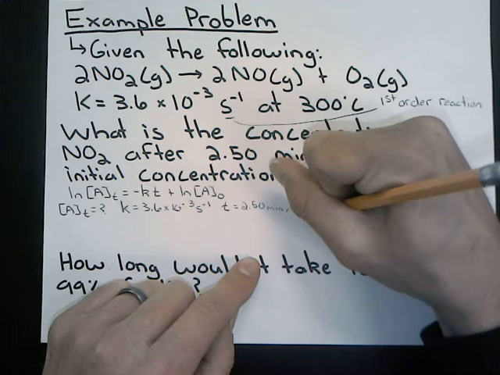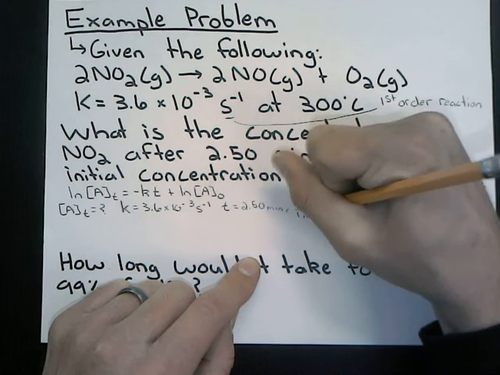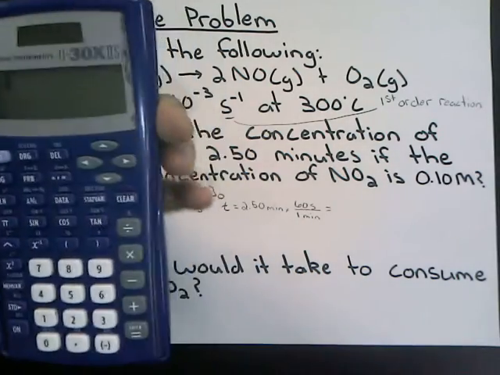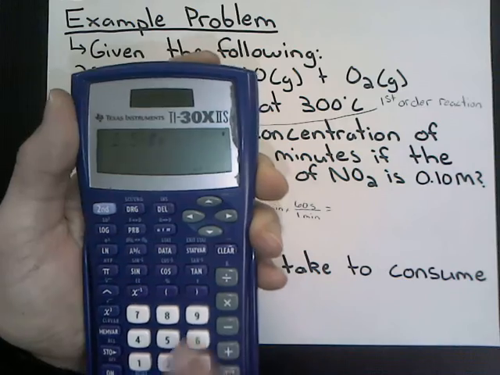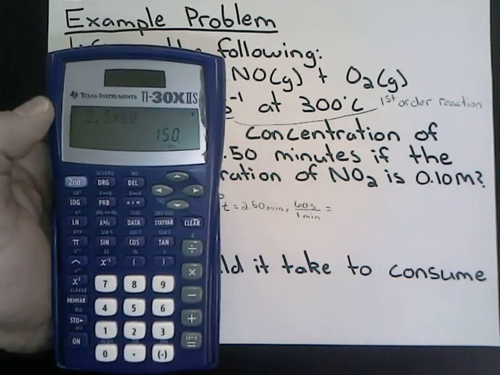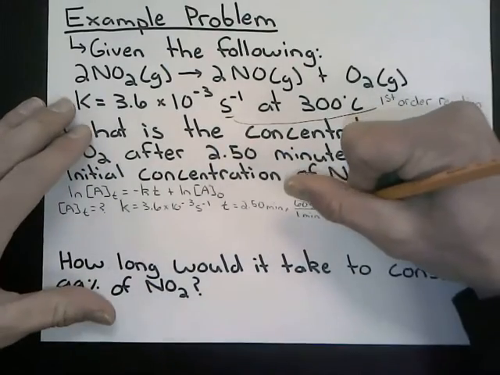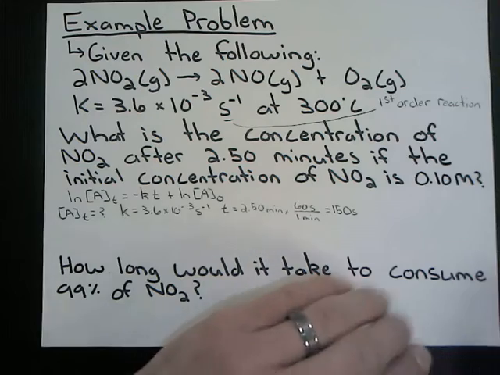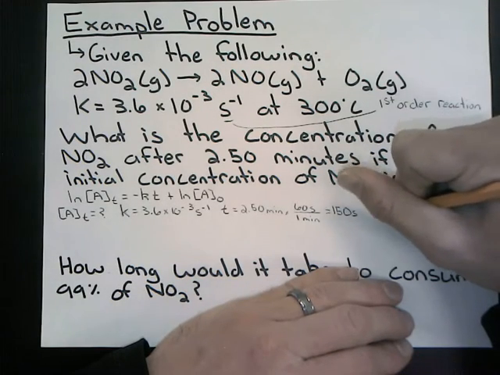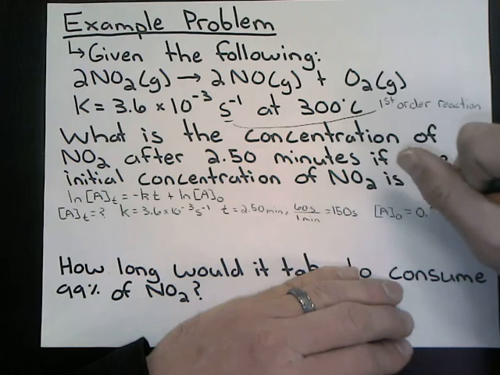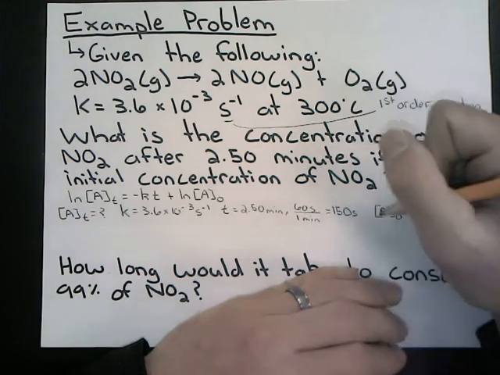So remember, 1 minute, there is 60 seconds. So if you take out your calculators, you have 2.5 times 60. You press enter, and we have a value of 150 seconds. And then we have our initial concentration of A, which is given in the problem at 0.10 molar.